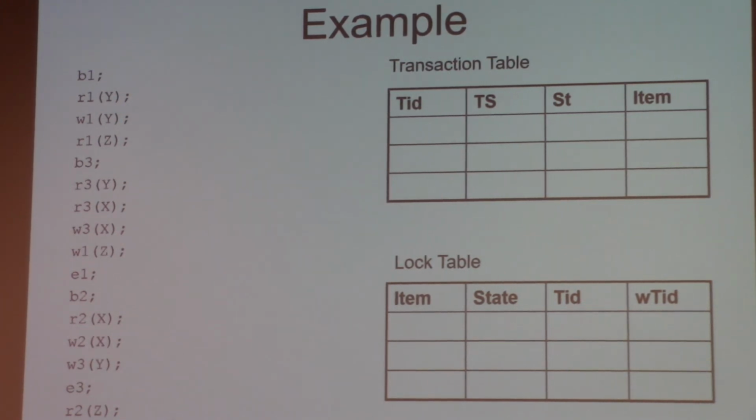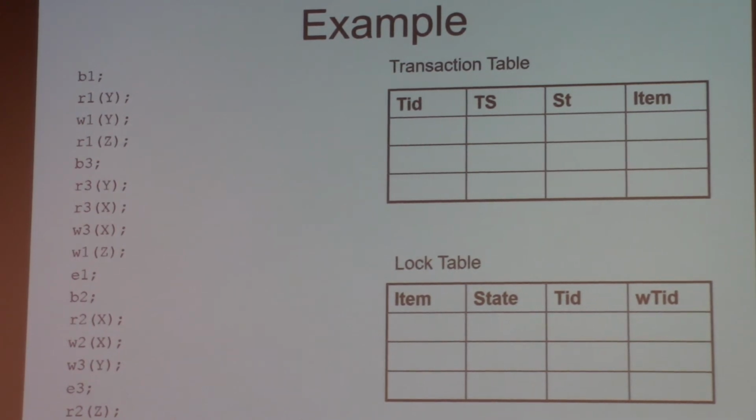So first you should be able to understand this operation. B1, transaction 1 starts. Transaction 1 reads data item X. Next, what does it mean? Transaction 1 writes Y, which means lock upgrade.